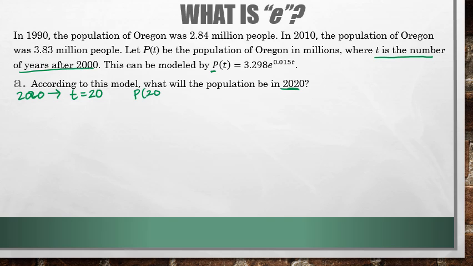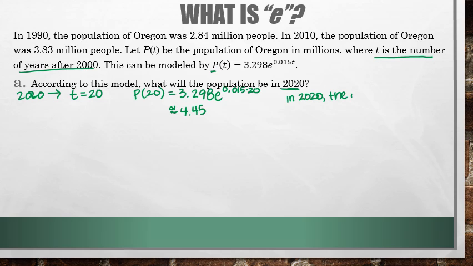When I plug 20 in for t, we get 3.298 e to the 0.015 times 20. When I enter that into my calculator, I get approximately 4.45.